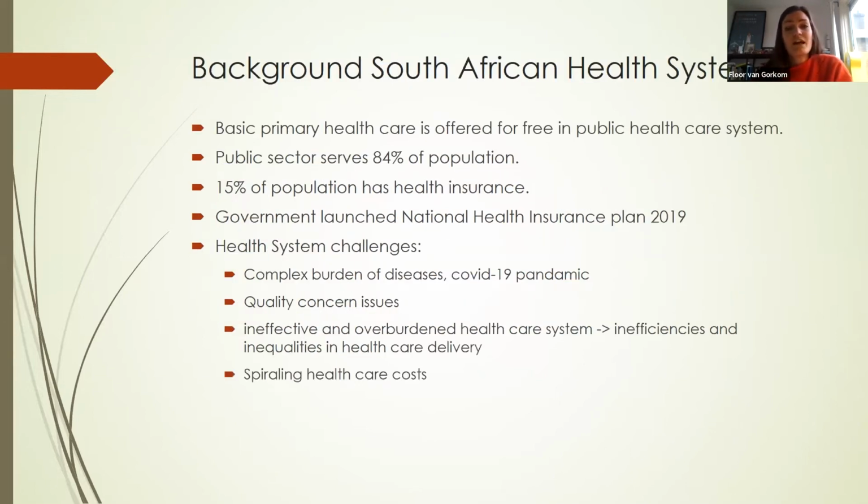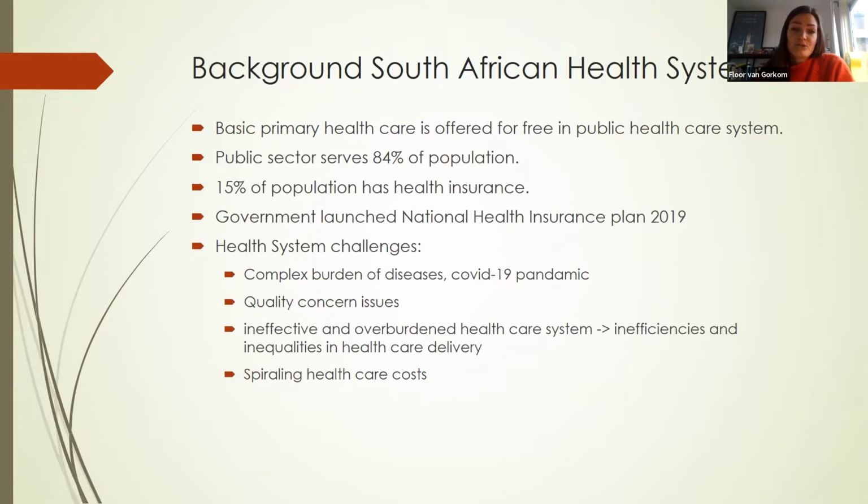For South Africa, I wanted to give you a bit of background on the health system, since that's a very important factor for this thesis. Basic primary healthcare is offered for free in the public healthcare system, and it serves about 84% of the entire population.